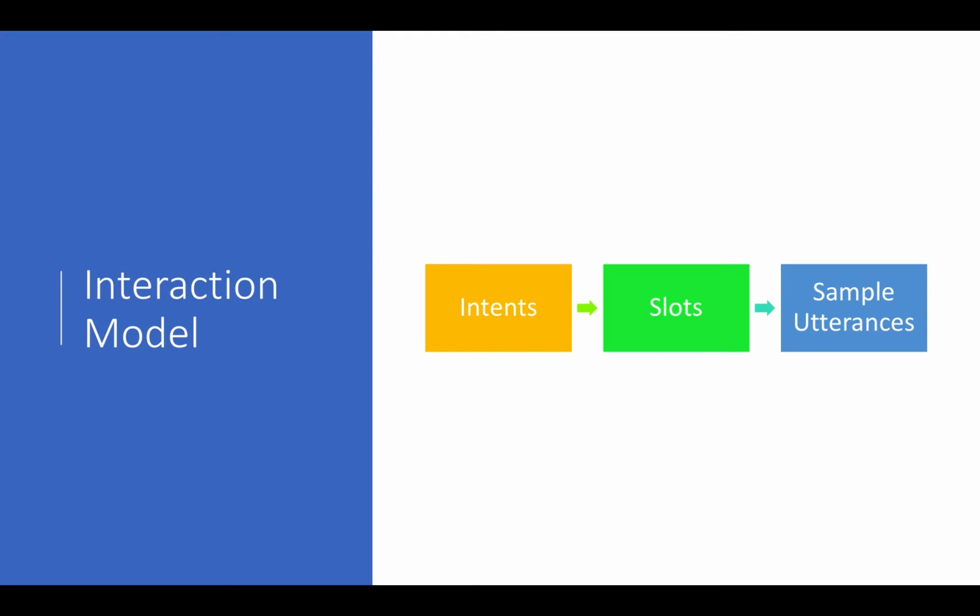If my intent was to order pizza, I could say, I want a pizza, right? I could also say, I like to have a pizza, or I could say pizza. There are many ways to say the same thing. So sample utterances are just different ways of calling an intent, right? So in that way, intents, slots, and sample utterances are connected to each other.